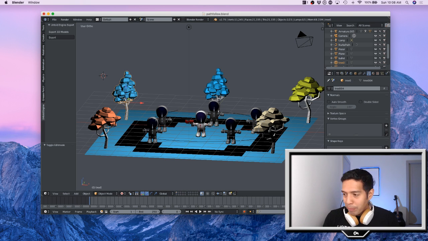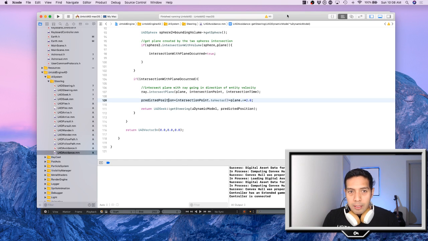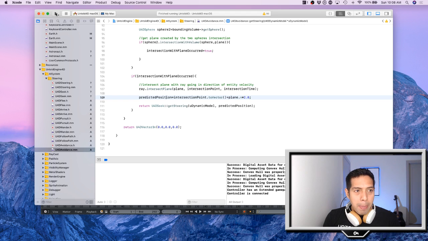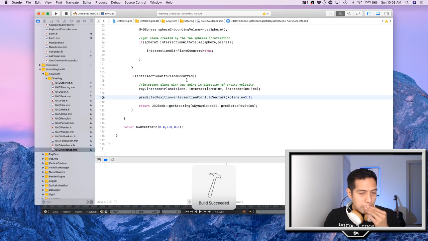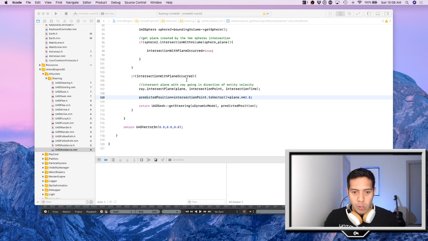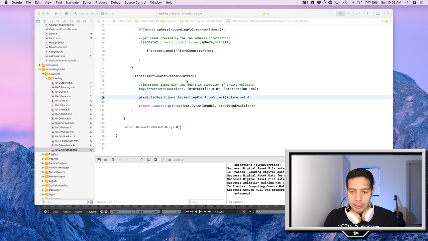All right, so let me bring up the engine here, and I'm going to run it. So it's loading the characters, the astronauts and everything.